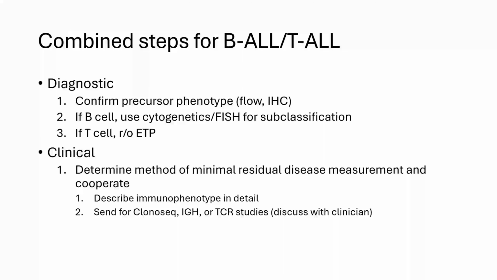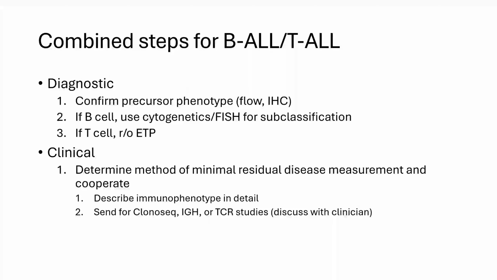So if we put these two steps together to consider the diagnostic pathway for B-ALL and T-ALL, from a diagnostic perspective, first confirm the precursor phenotype with flow or IHC. If you have B-cell ALL, use cytogenetics and FISH studies for subclassification.